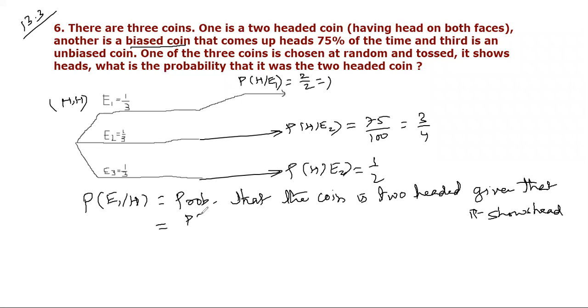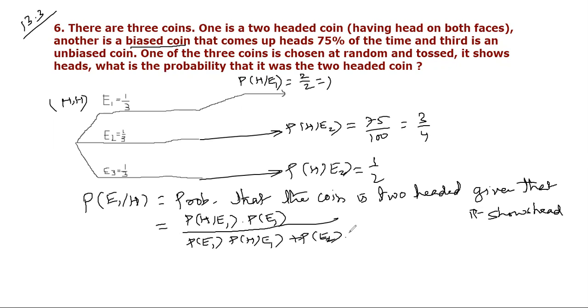So probability of H given E1 into probability of E1, divided by probability of E1 into probability of H given E1 plus probability of E2 into probability of getting head when E2 has already happened.